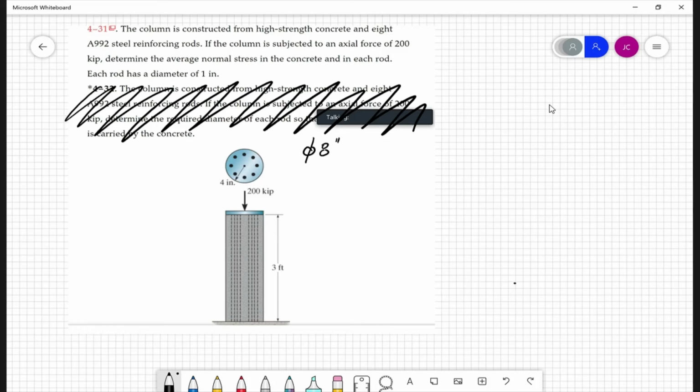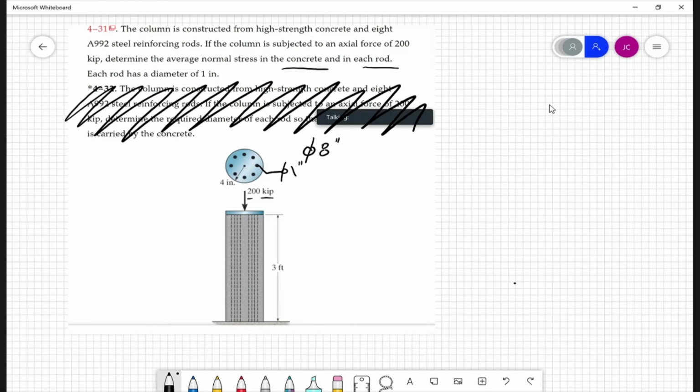Each one of them has a diameter of 1 inch. And then there's a total force applied on top of 200,000 pounds. It wants you to figure out the normal stress in the concrete and in each steel rod.